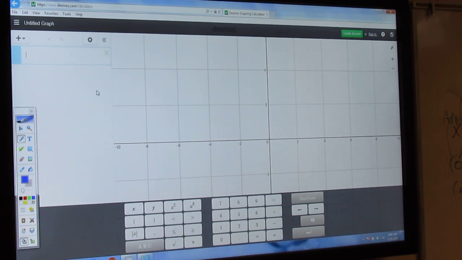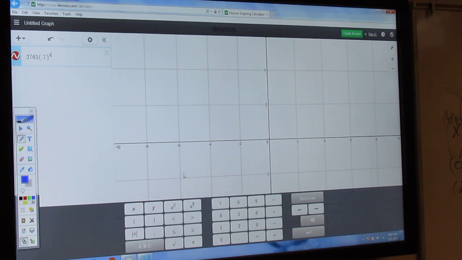We said it was 27.65 times 0.7, and then raised to the power of x.